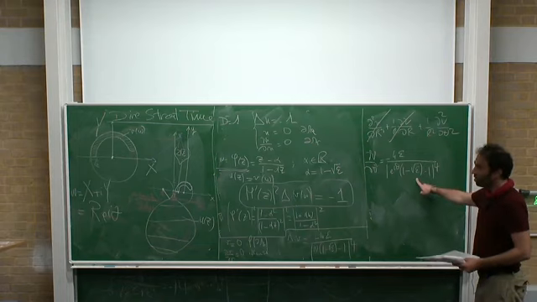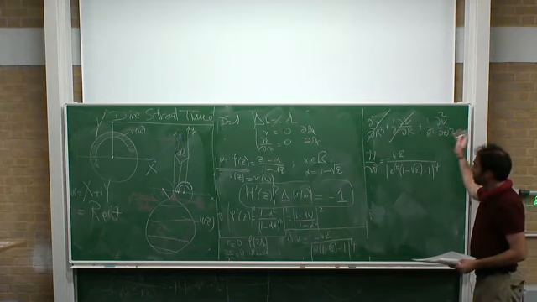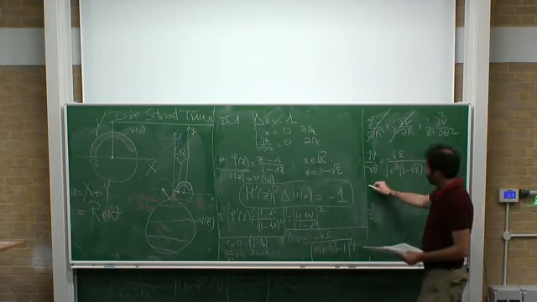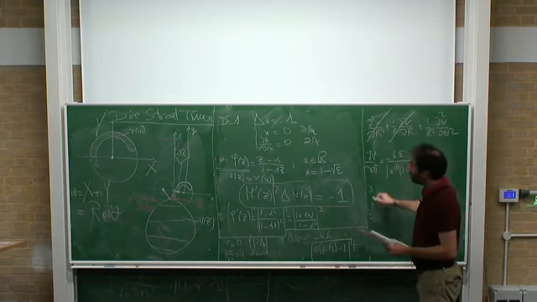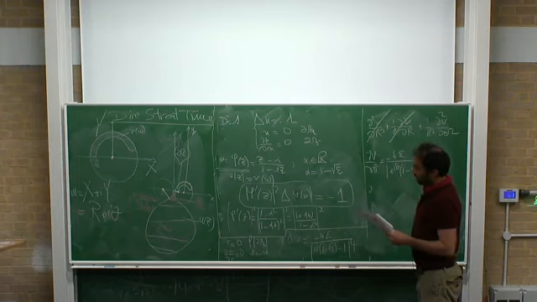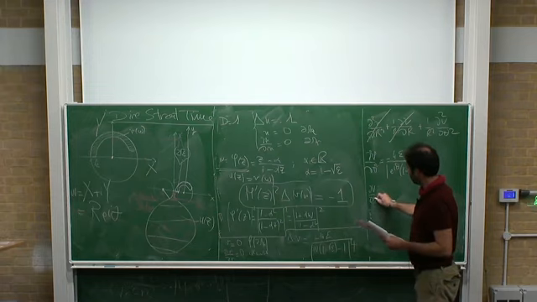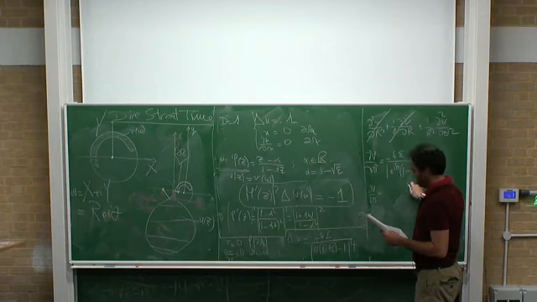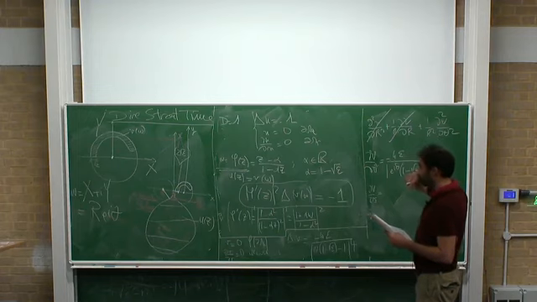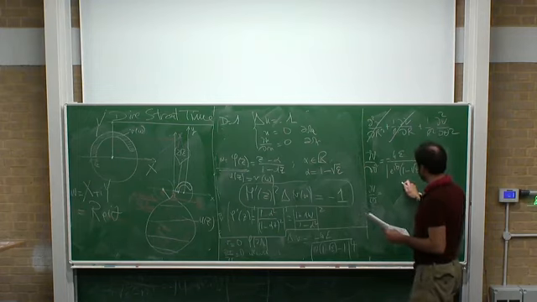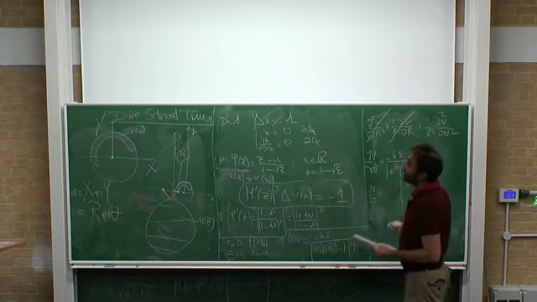How do you integrate this? You integrate it once. This is dv/dθ. Let's integrate it from the position theta, position phi, to the end.